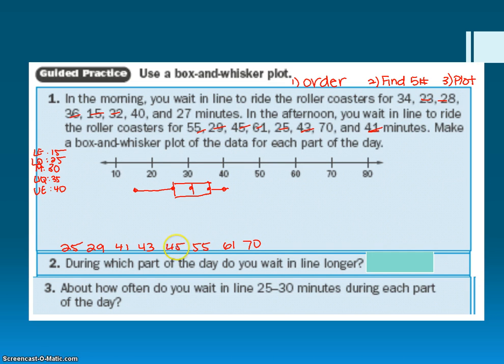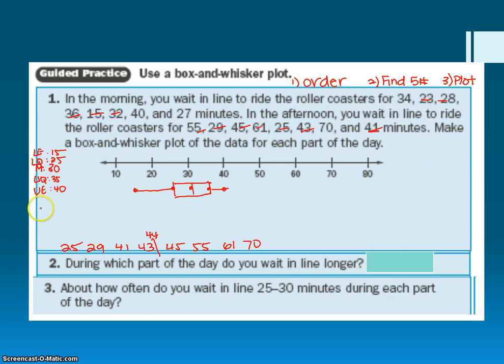Count 1, 2, 3, 4, 5, 6, 7, 8. Find the middle, so count in. Sometimes it actually could be a number between, because it's even like this. You have to find the mean of the middle 2 numbers, which is going to be 44.